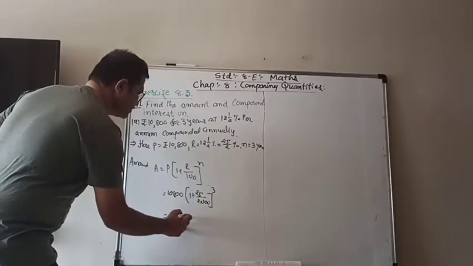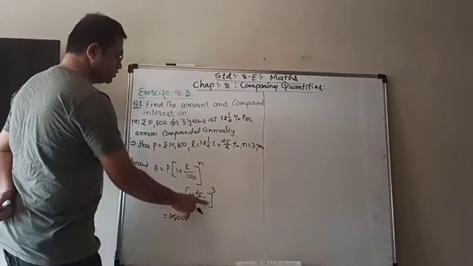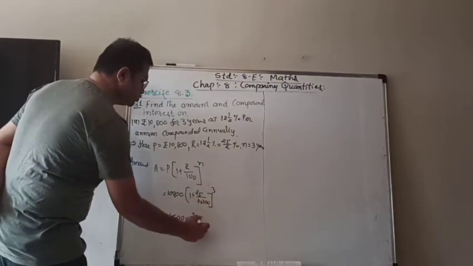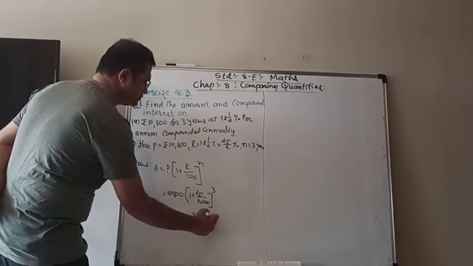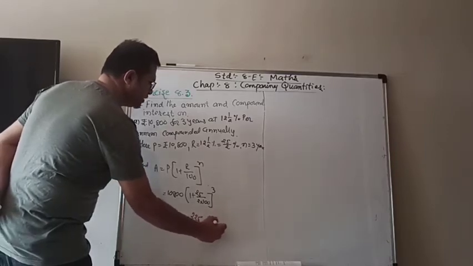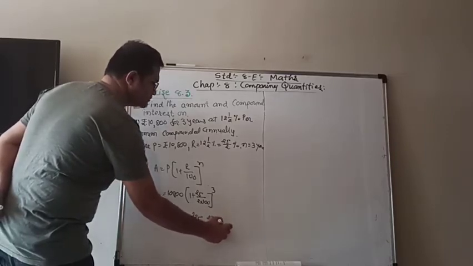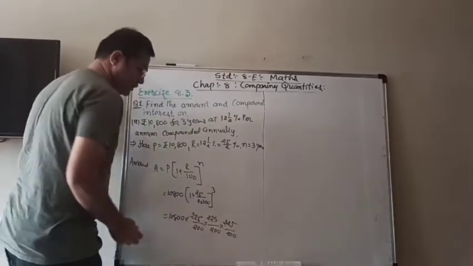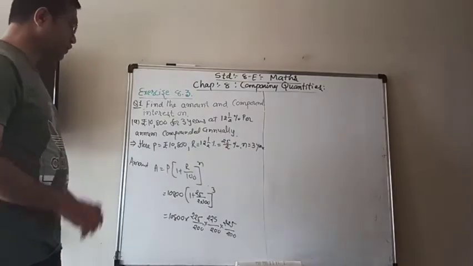That is 10,800 into, now 200 plus 25 means 225 upon 200, 225 upon 200, 225 upon 200.